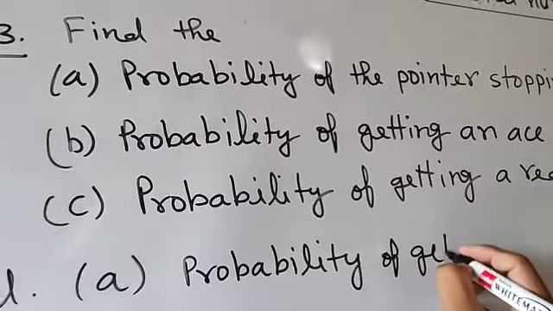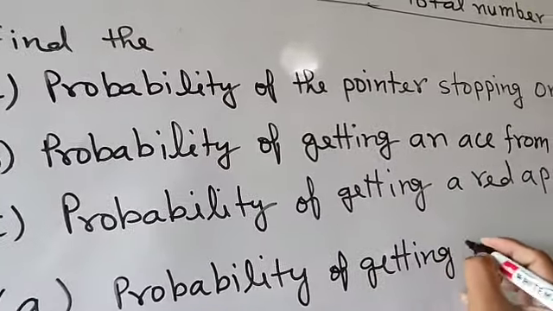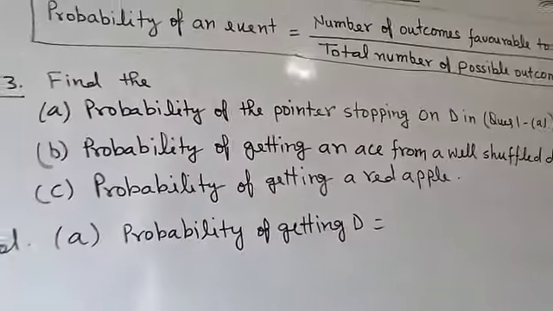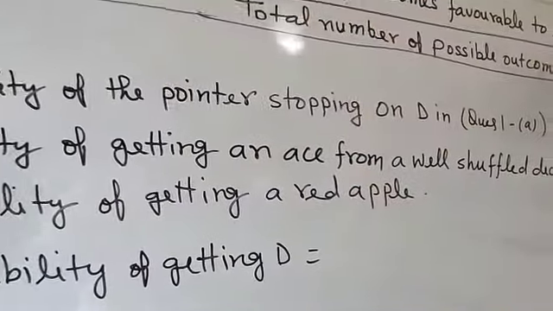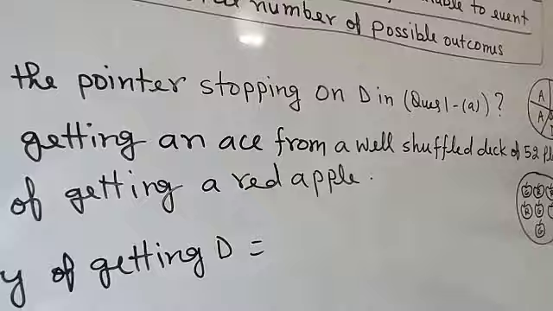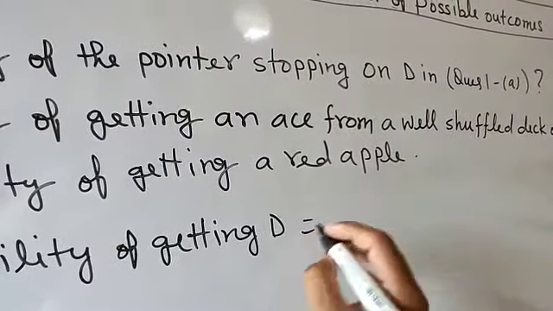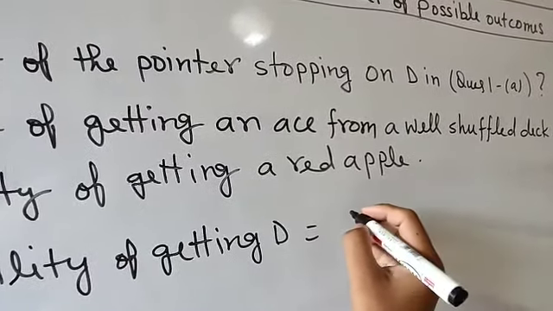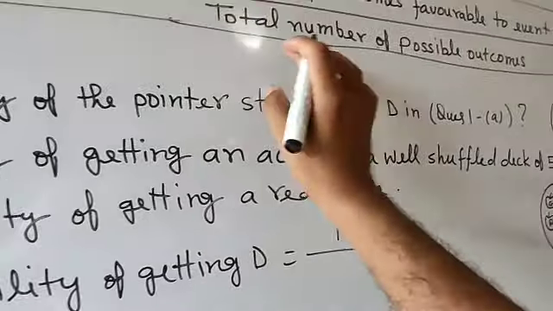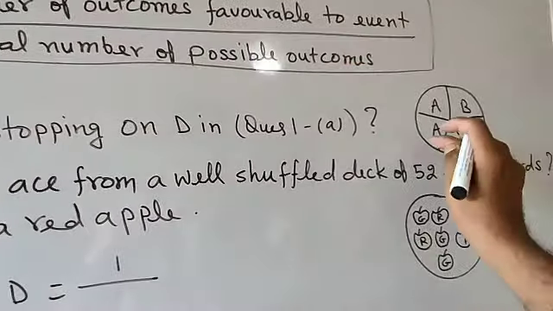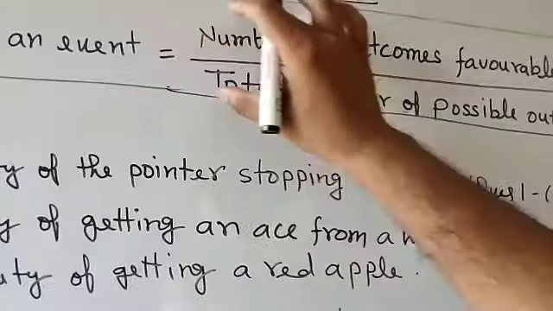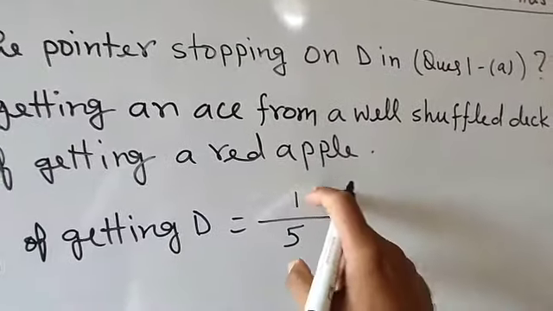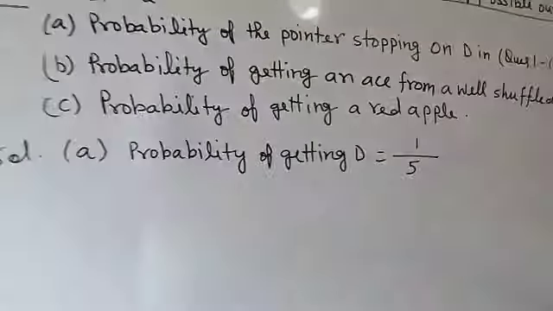Probability of getting D. So how many D is there? 1. Number of favorable outcomes. So here D is 1 time. So that will be 1 upon, and total number of possible outcomes. So 1, 2, 3, 4, 5. So that is 1 upon 5. You will write this formula and after that the answer will be 1 upon 5.